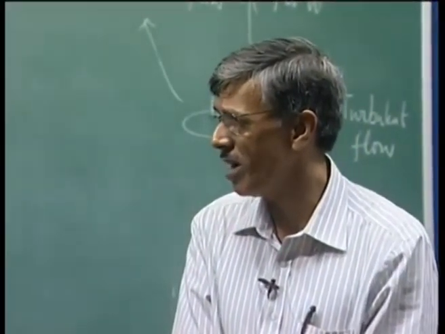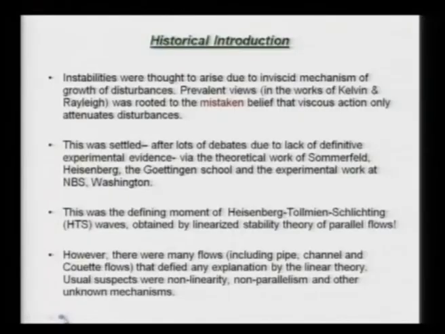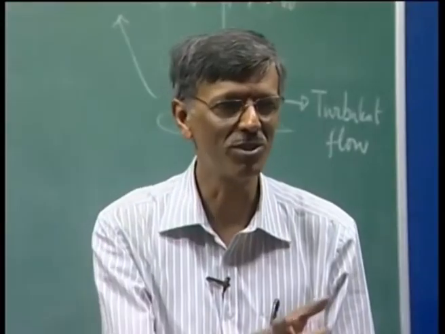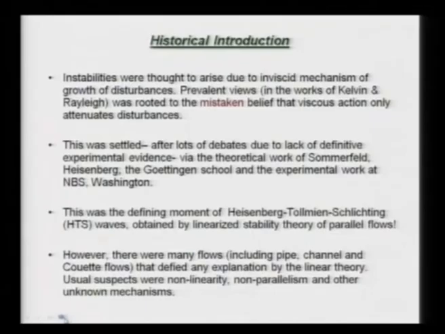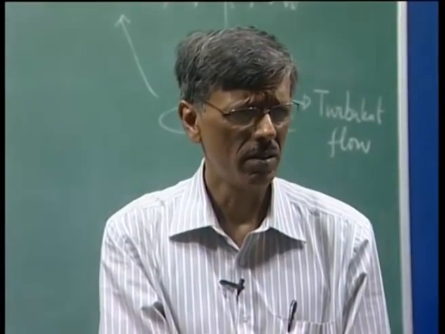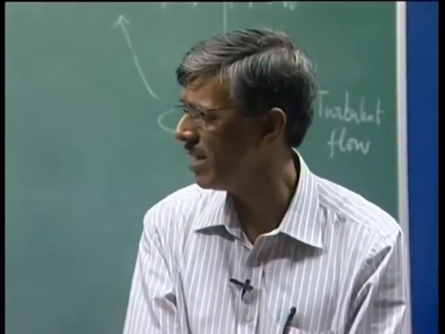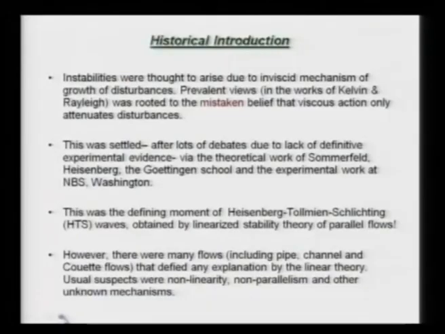They obtained all those waves using a linearized stability theory. They made some assumption of parallel flows. Despite that, they did predict those waves, and Schubauer and Skramstad found those out in experiments. So, this was a glorious period. And I mentioned to you also that there were many flows, pipe flows, channel flows, square flows, that did not explain the flow instability by the same linearized stability theory developed there.